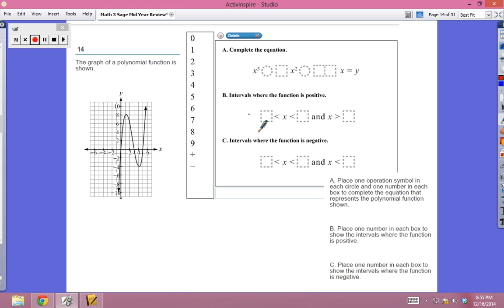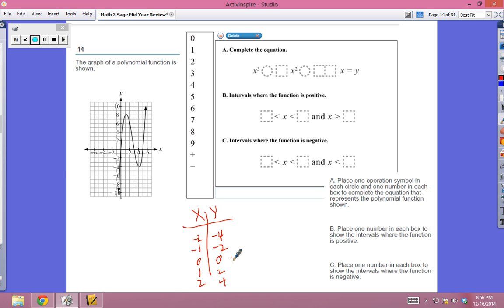If you look at this function right here, so we've got negative 2, 1, 0, 1, and 2, and this is a negative 4, this is a negative 2, this is 0, this is 2, and let's say this is 4.